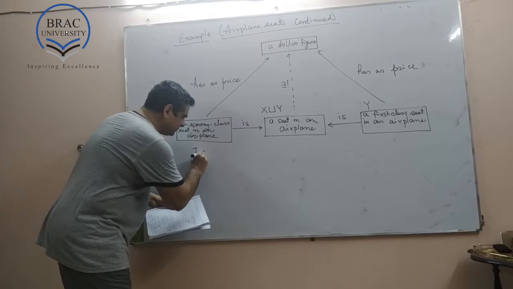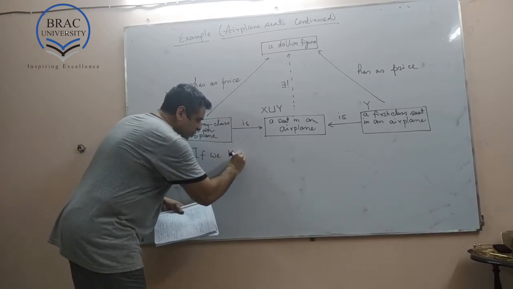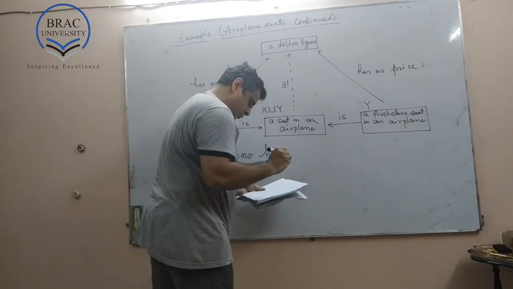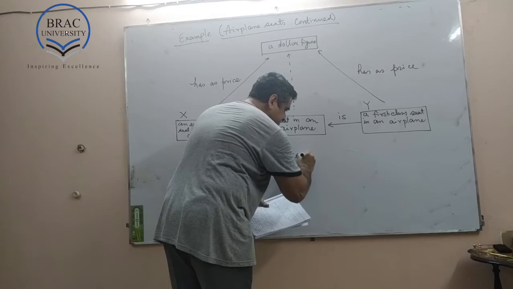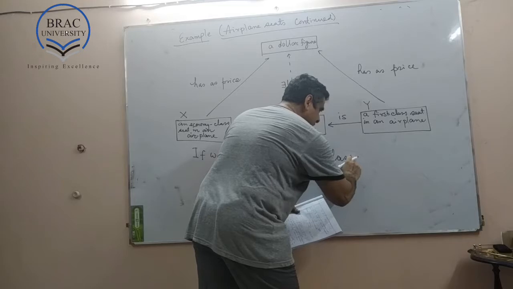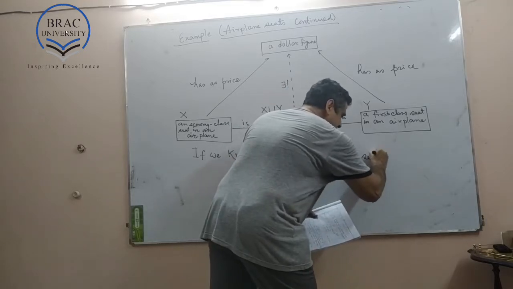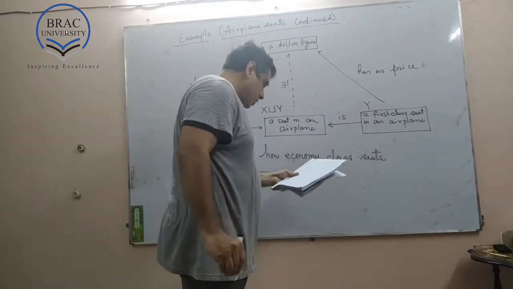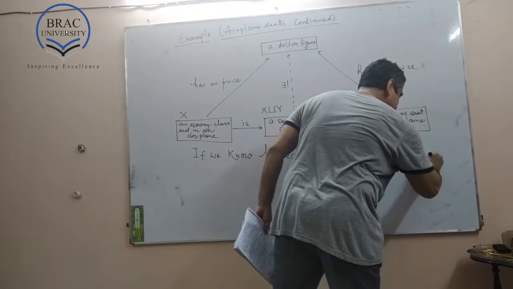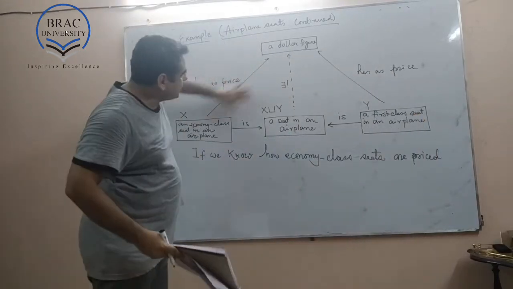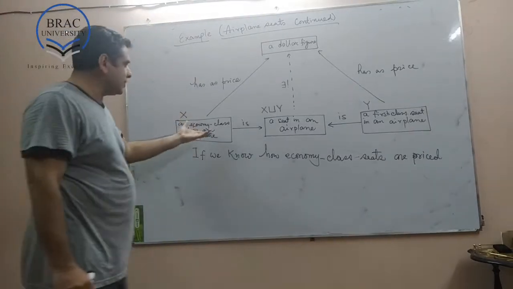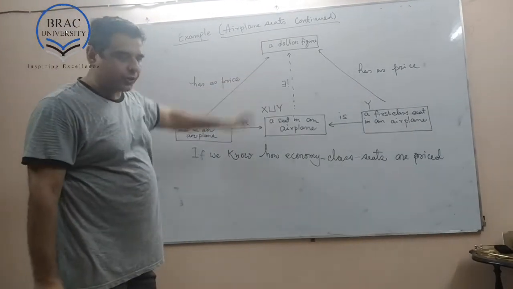If we know how economy class seats are priced, in other words, you are given this aspect. You know how economy class seats are priced in terms of dollar figure.